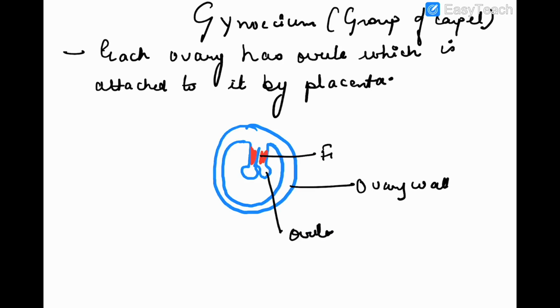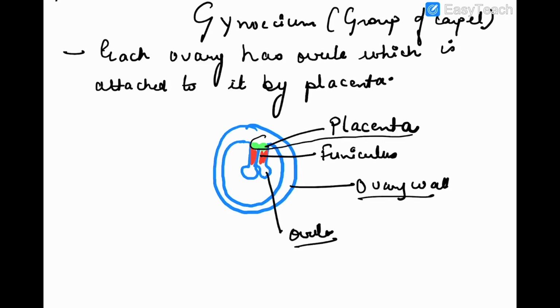This is the funiculus, and funiculus attaches to the ovary wall with the help of placenta, which I have drawn in green color. So each ovary has ovule which is attached to the ovary wall with the help of placenta.